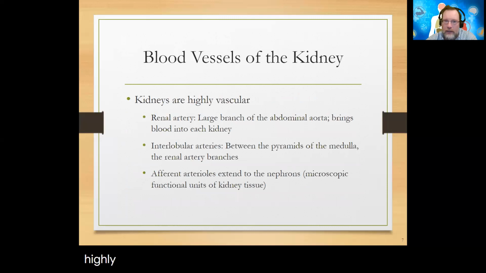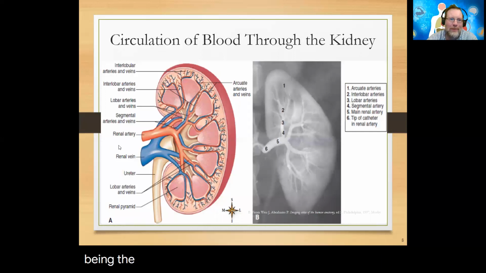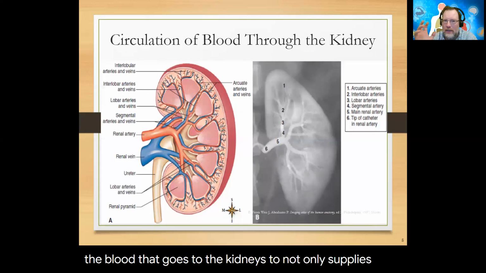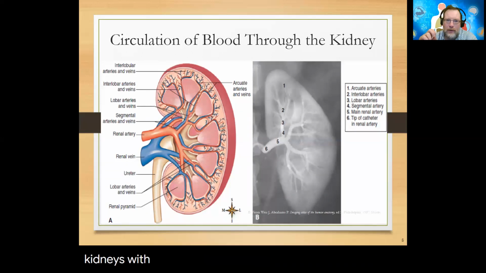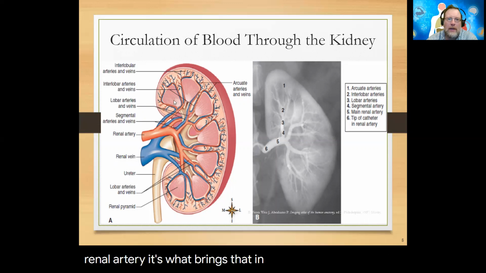Highly vascularized, of course. We think of the renal artery as being the primary deliverer of blood to the kidneys. The blood that goes to the kidneys not only supplies the kidneys with a medium from which to form urine, it is the renal artery that brings that in.